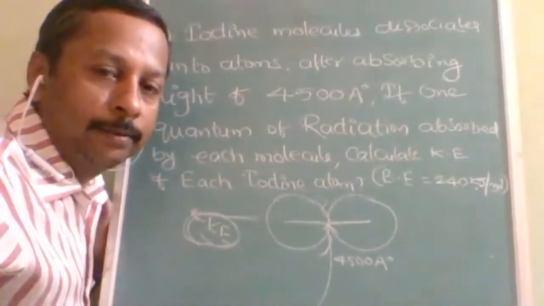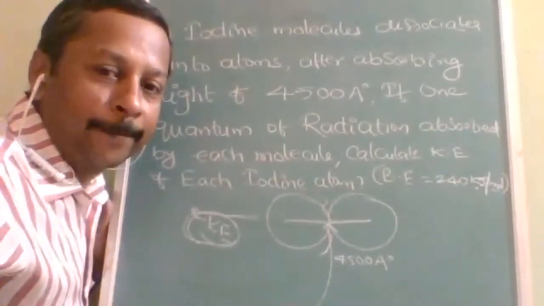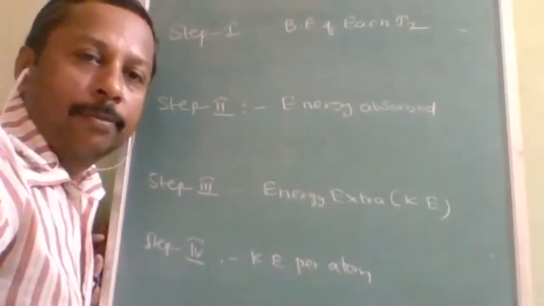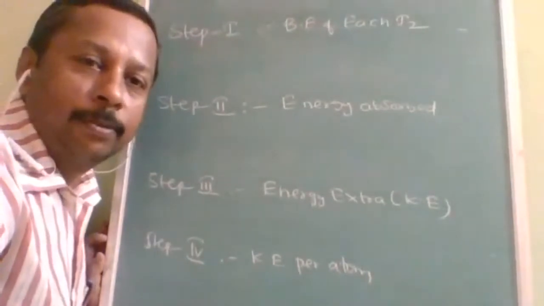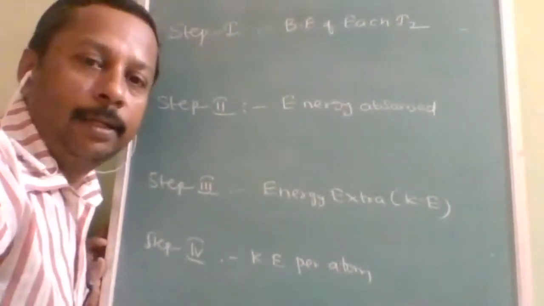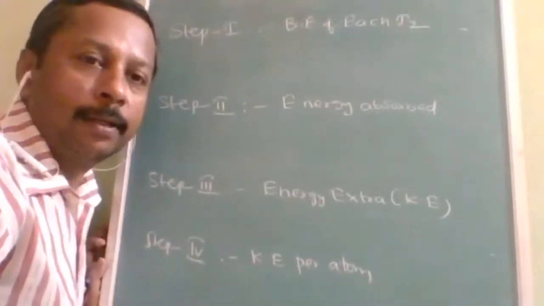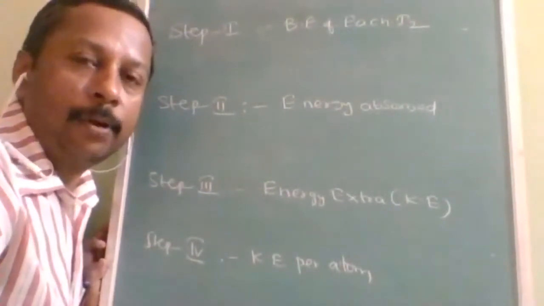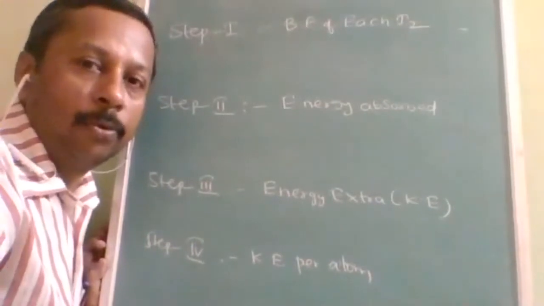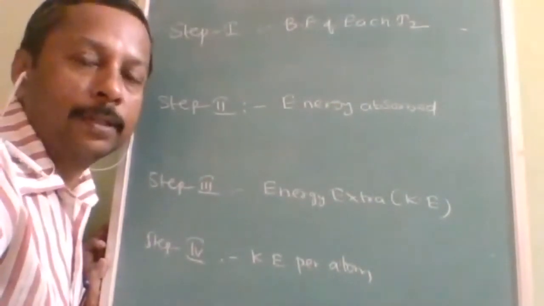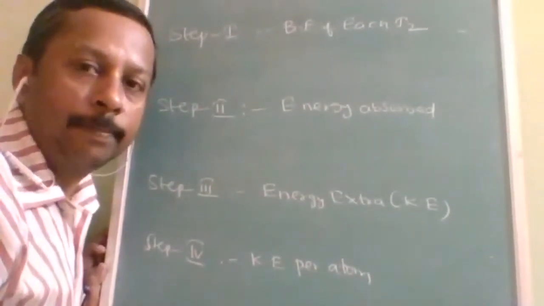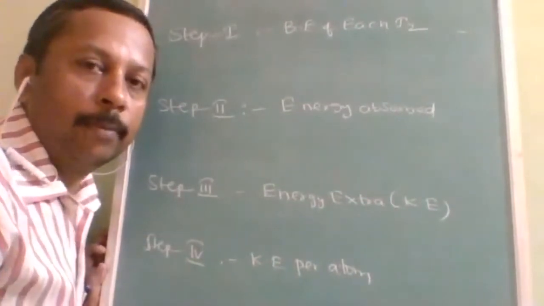Okay, ready? I am planning this question's solution in 4 steps so that everything is clearly understood. Here the bond energy is given, but the problem is that it is given per mole. So first let us convert the bond energy per mole into per molecule.